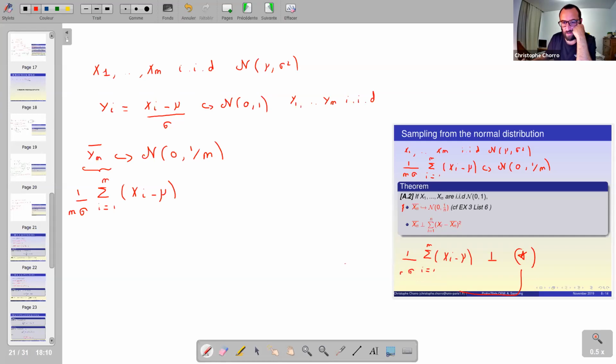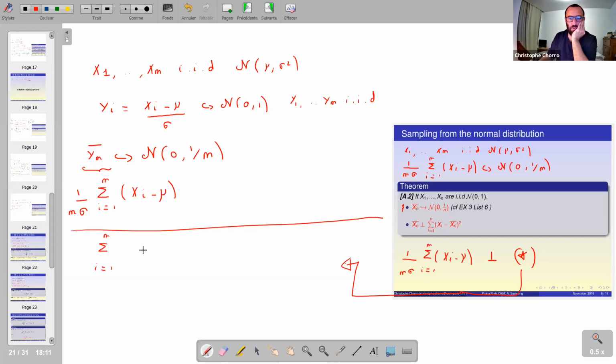I have n here, and I want to express this term. It's the sum from i equal to 1 to n of (Xi minus mu) over sigma, and then I have minus (1 over n sigma) times the sum for i equal to 1 to n of (Xi minus mu).